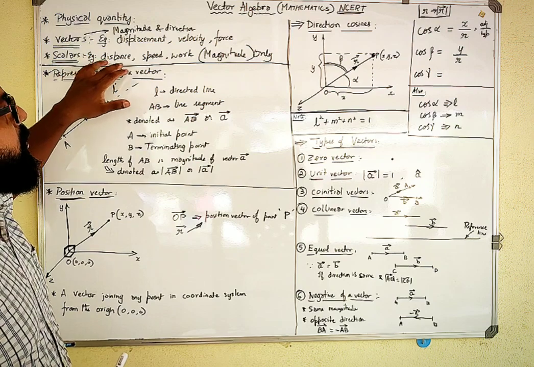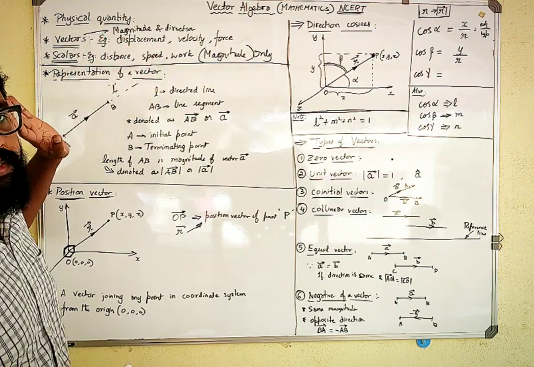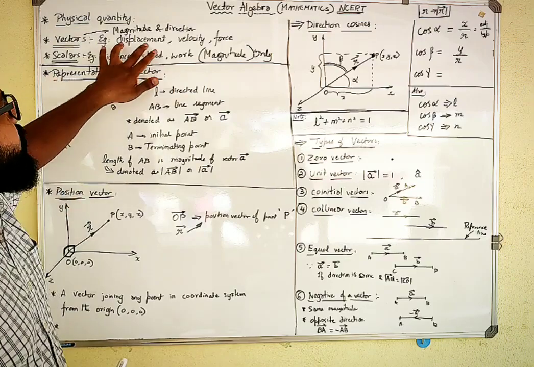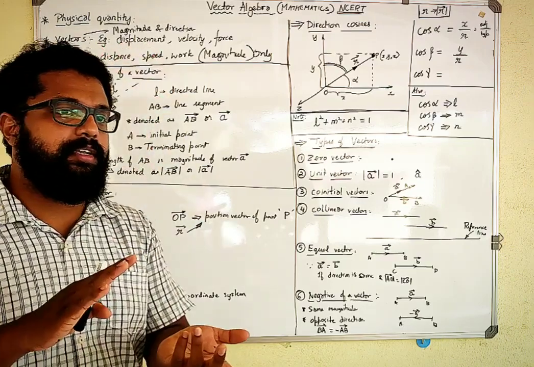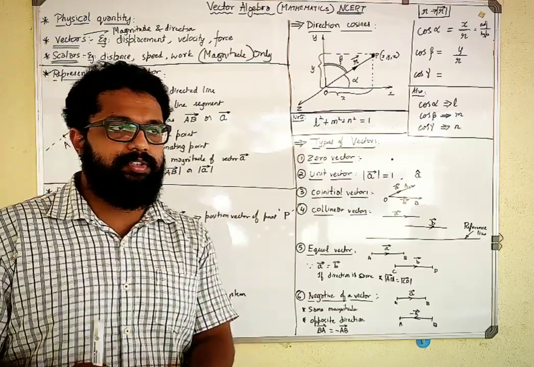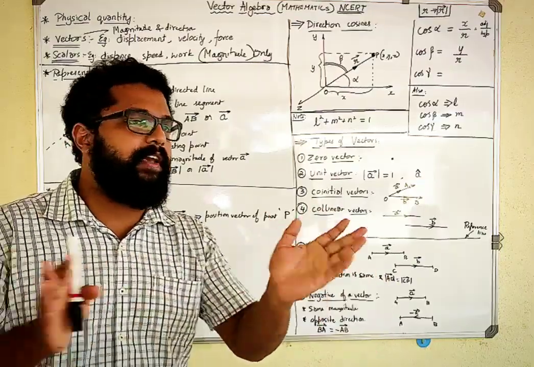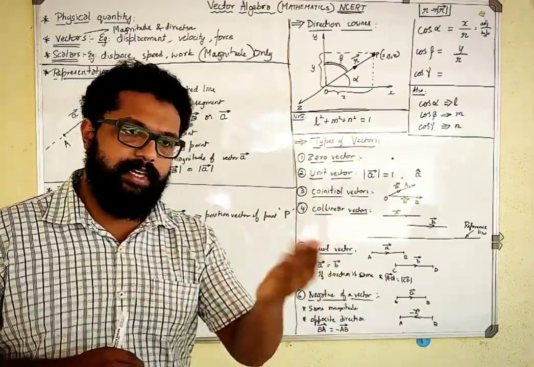Scalar quantities are distance, the scalar counterpart of displacement. Displacement has direction, whereas distance does not. If I say from my house to that road is a certain value, that distance does not have any direction. It's the same the other way as well.